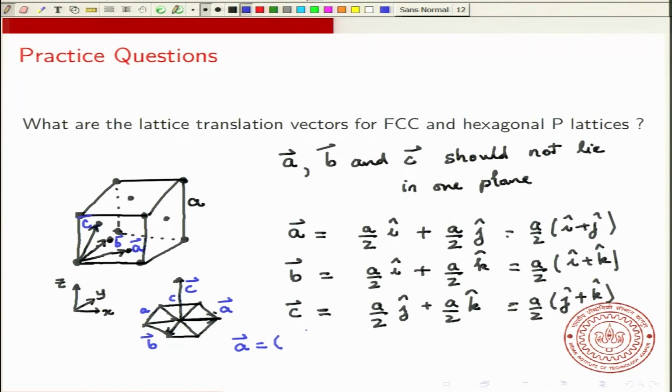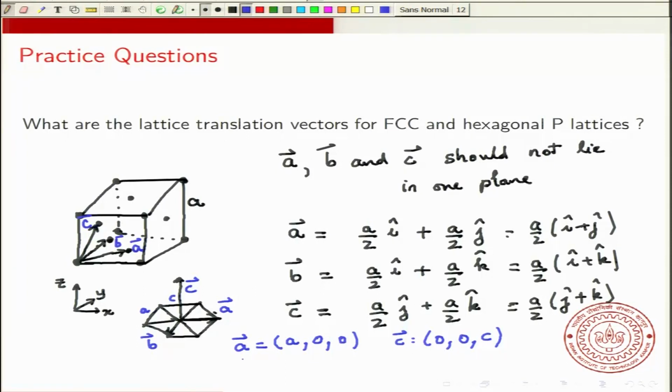Using the same coordinate system, A is (a, 0, 0) and your C vector is (0, 0, c), where c is the distance to the next layer.